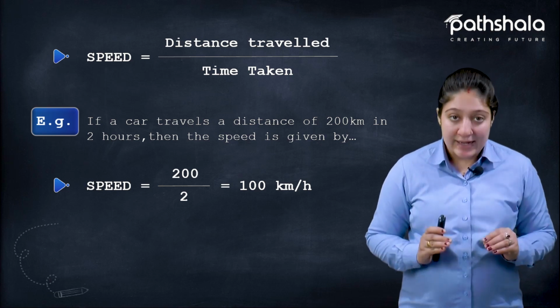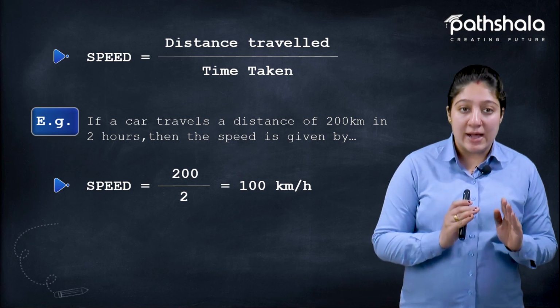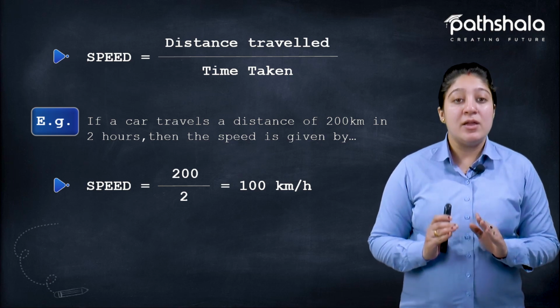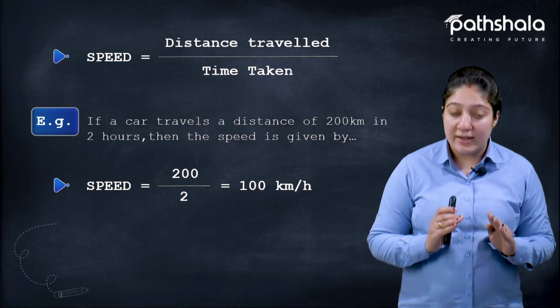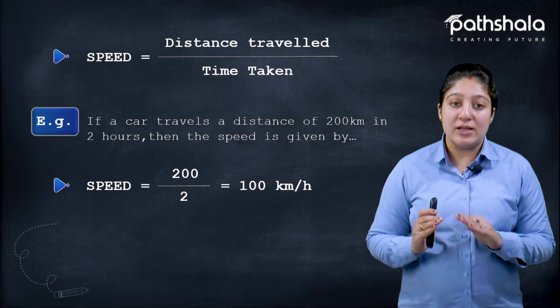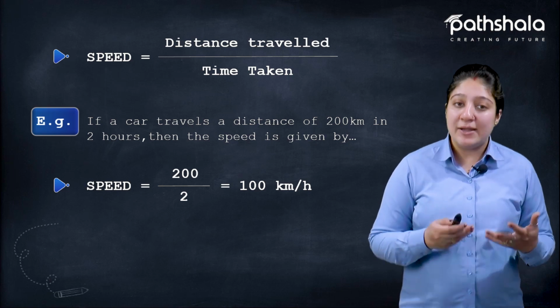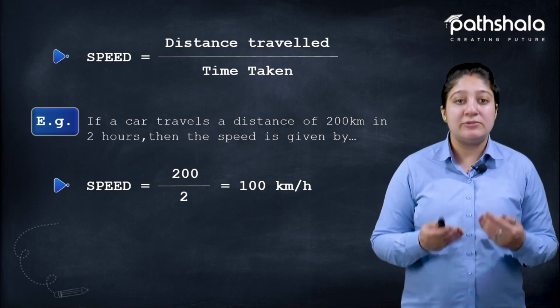This means that the car is traveling 100 km per hour, or we can say that it is covering 100 km in each hour. So that is how speed is calculated by using this formula.